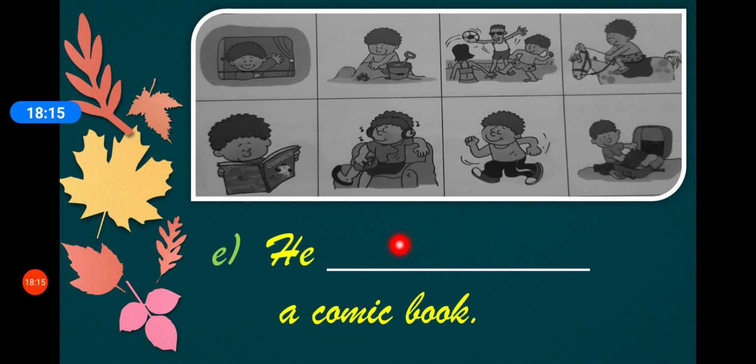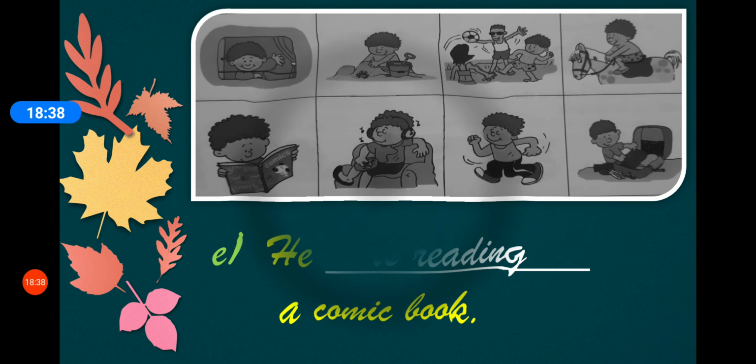He dashed a comic book. Now, what is he doing with a comic book? Definitely very simple. Read is the verb that would come over here. I hope you agree with me. Then in present continuous tense it would be he is reading a book. Next one.